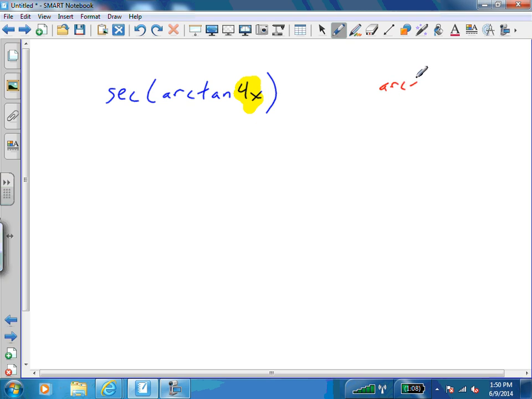Arc tangent 4x. Now, is this 4x an angle or is that a ratio? That's a ratio. So our answer is going to be what? A ratio or an angle? An angle. So let's just call our answer theta.